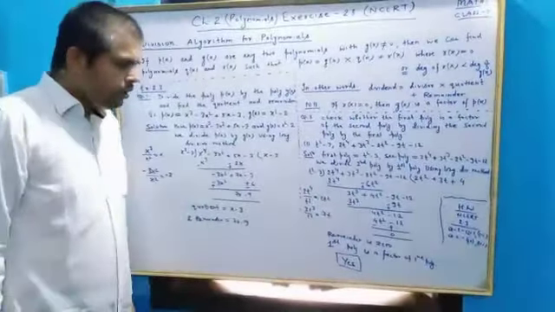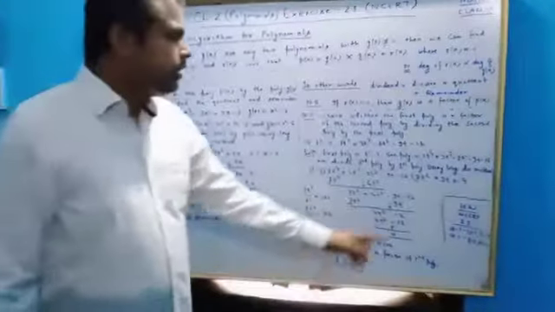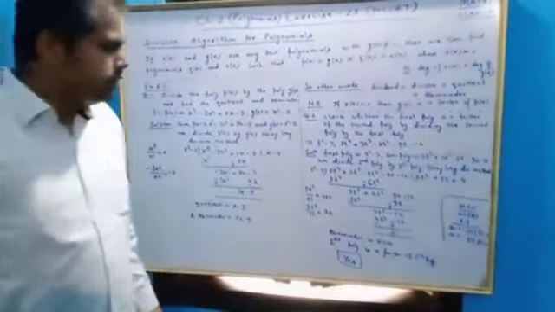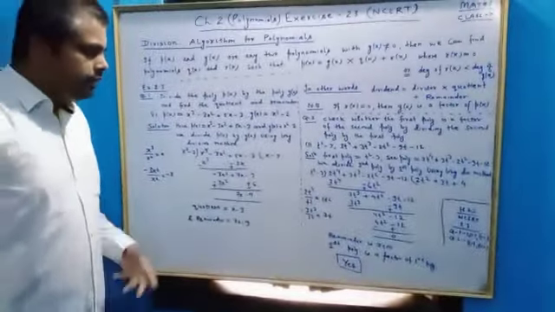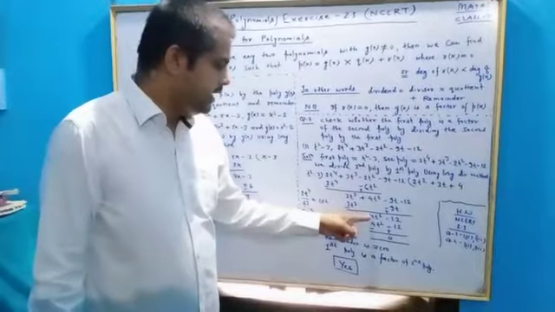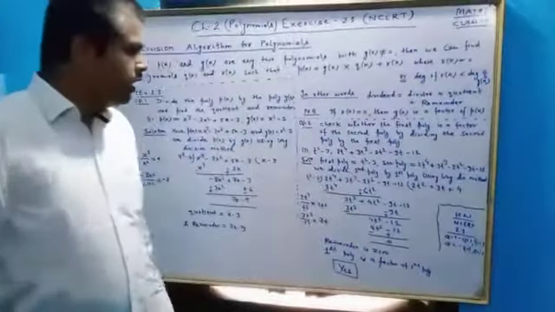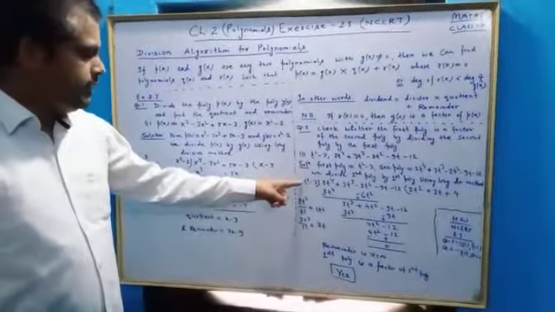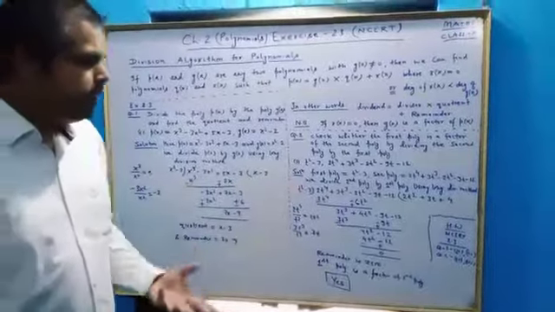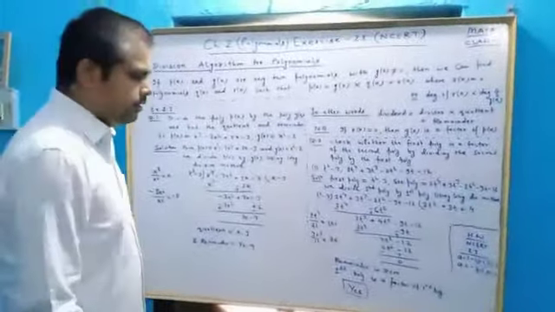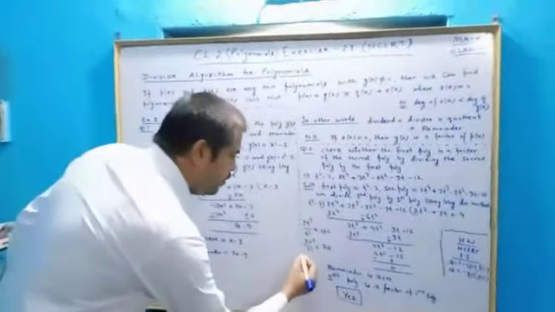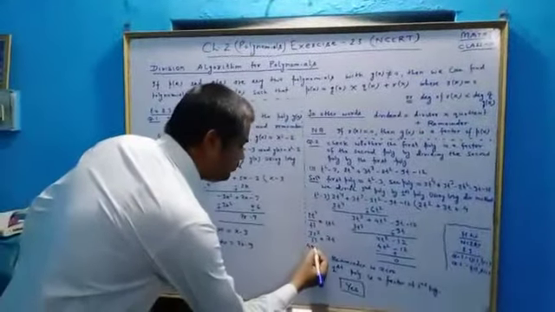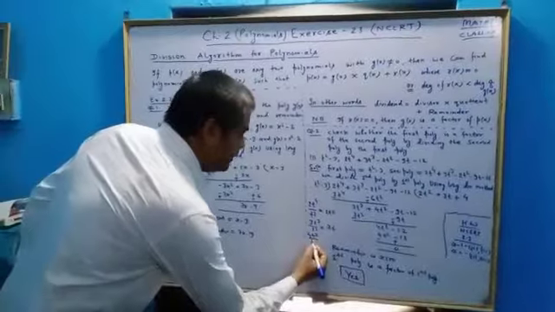Now for finding the third term of the quotient, what process do we apply here? Here the first term of the dividend is 4t square and first term of divisor is t square. Then how can we find the third term of the quotient? We divide 4t square by t square.